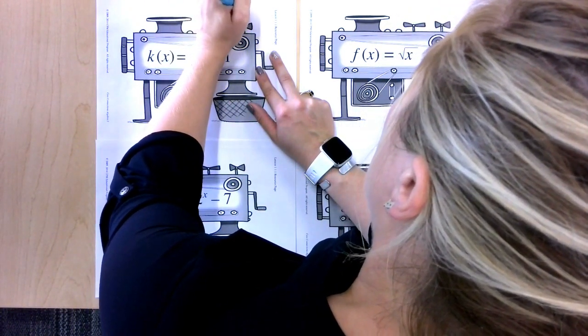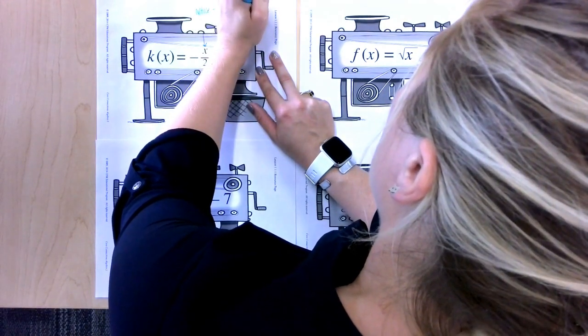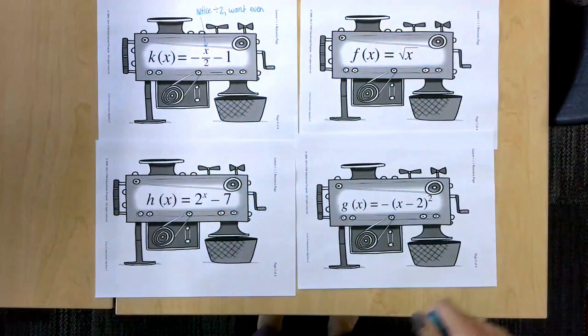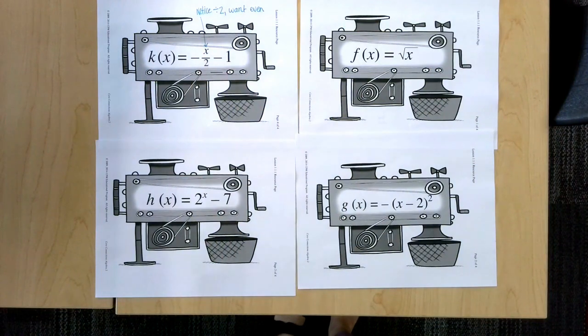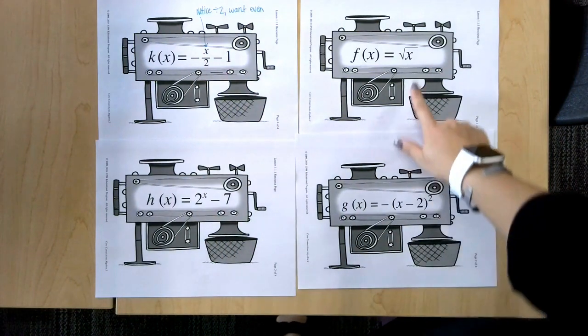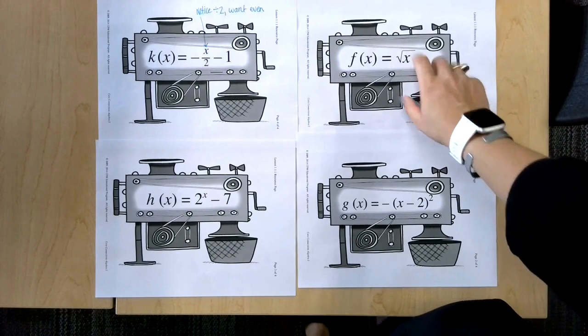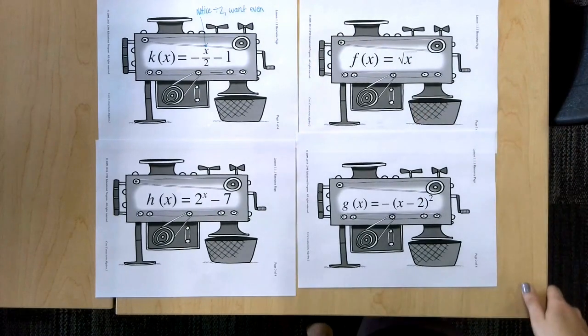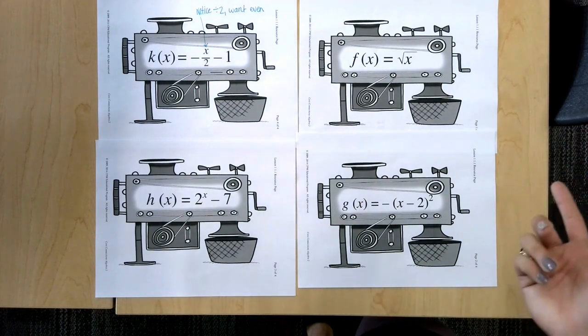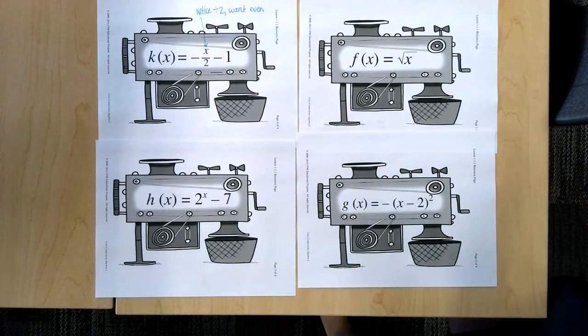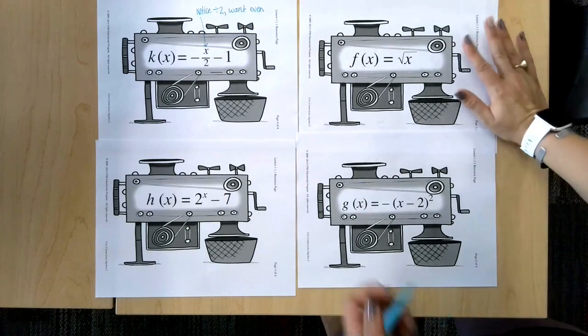I want an even number. What's something we notice about this equation? I notice the square root. So again, I'm thinking I want a perfect square so that I don't get a decimal out.